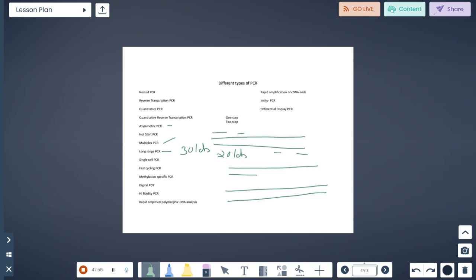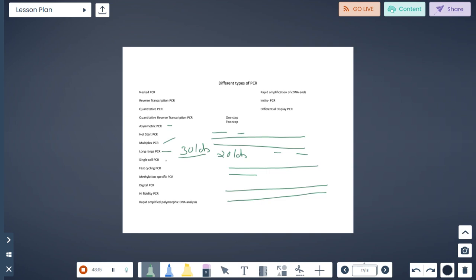In an ideal method, it is very difficult to get a template DNA with more than 20 kb length. In very experimental conditions, they have amplified from 30 to 50 kb, but normally we are able to do only 20 kb in the lab.